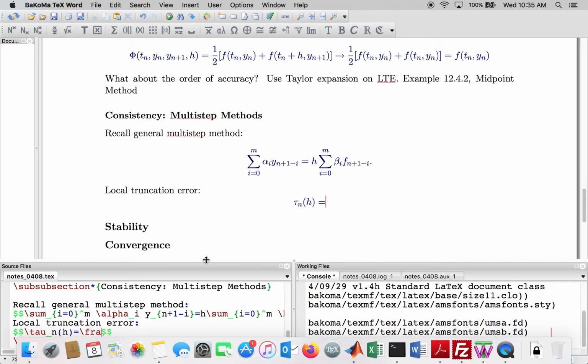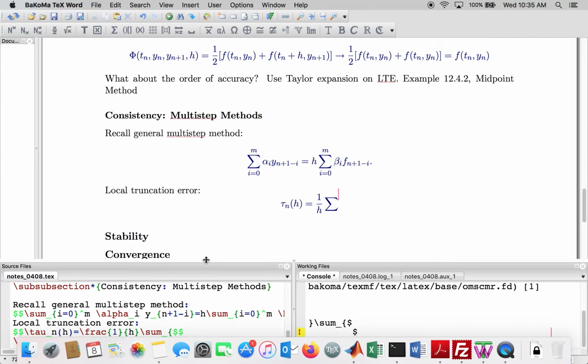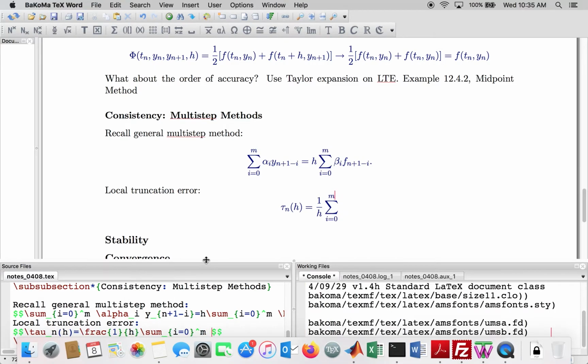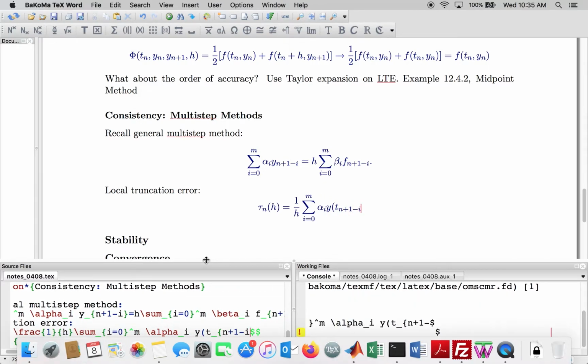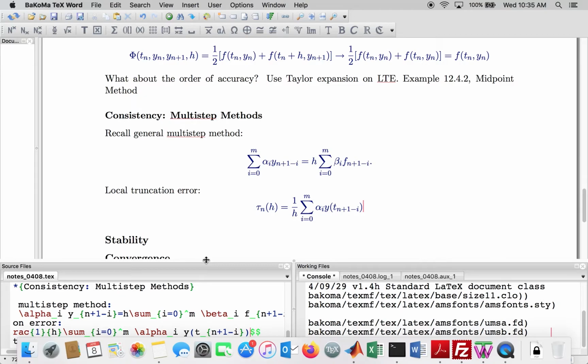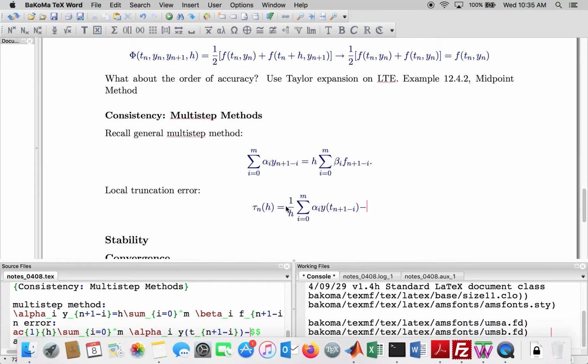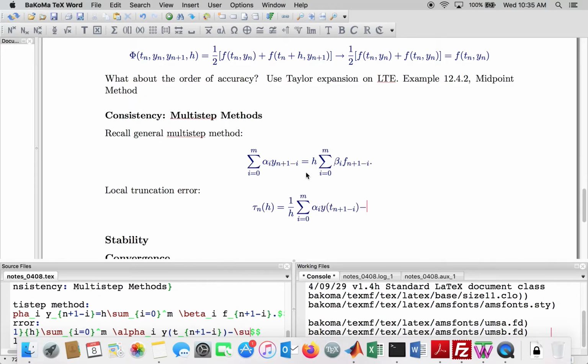So now I have 1 over h, the sum of alpha i, y of t n plus 1 minus i. All right, minus, so we're dividing by h, so that cancels with the h here.